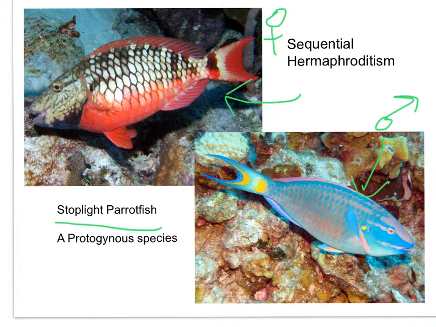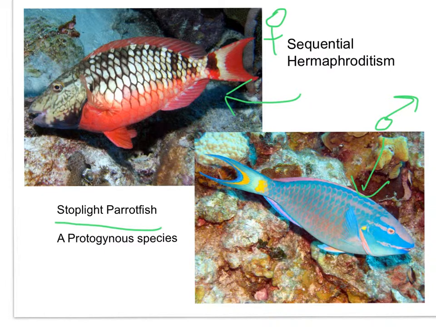And if for some reason he dies, or an experimenter removes him from the group, the next largest female will begin to immediately transition to male. So the ovaries and other female reproductive organs will start to disintegrate, and then they'll redevelop into testes and other male organs. That's a really interesting example of an unusual life history strategy.